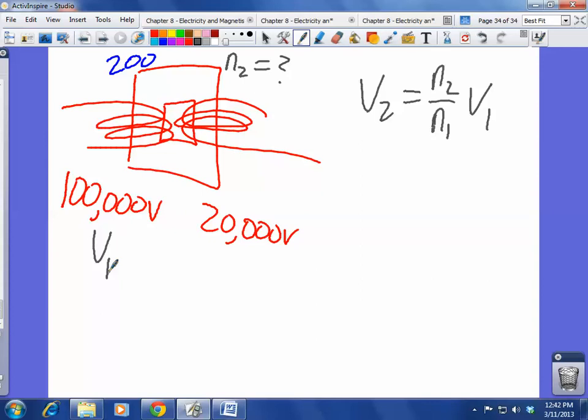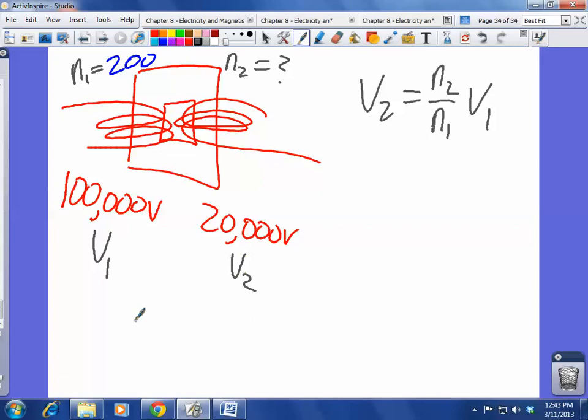And so that means also that this 200 is going to be what then? N1. So everything on the left here, this is all my input, and all my input's going to be 1. So that means on my output here, this 20,000 is going to be V2. So what I don't know here is N2.